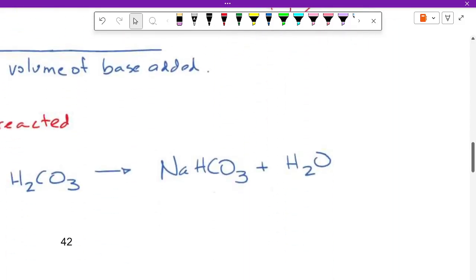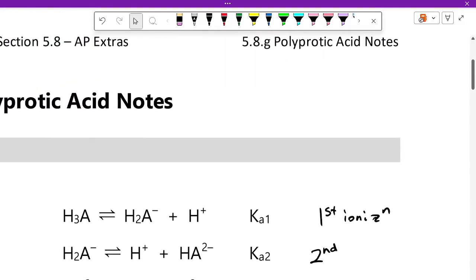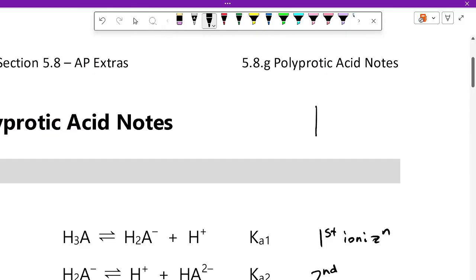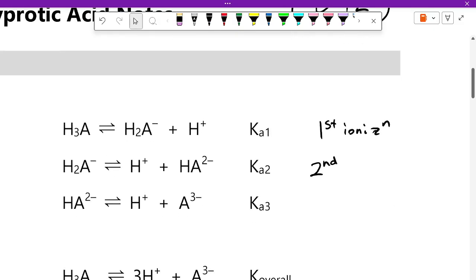We are on page 42. Answer to life, the universe, and everything. Second ionization. And then we have our third ionization.